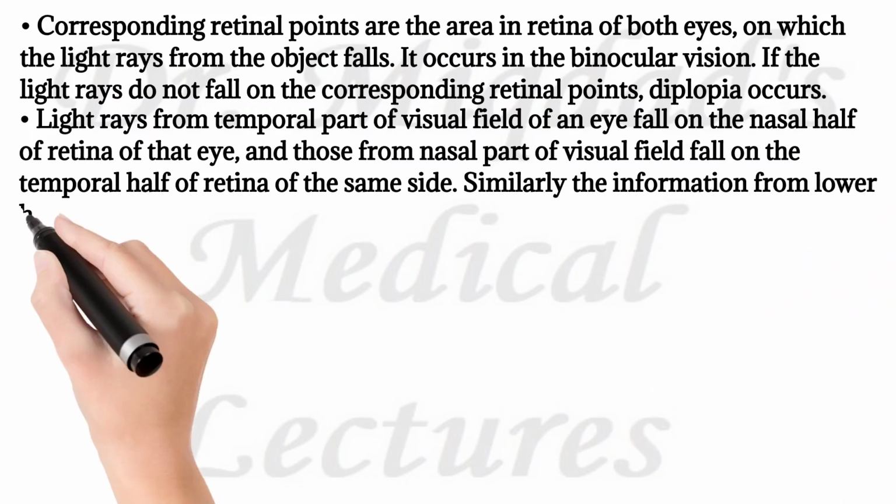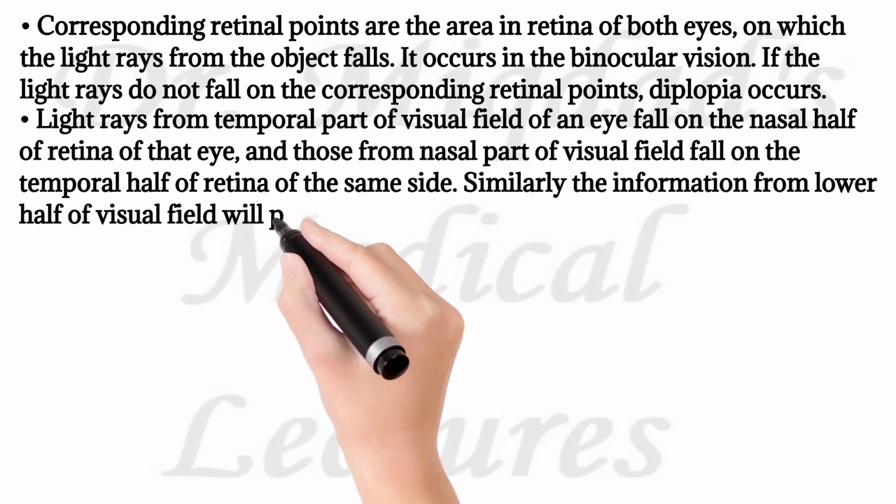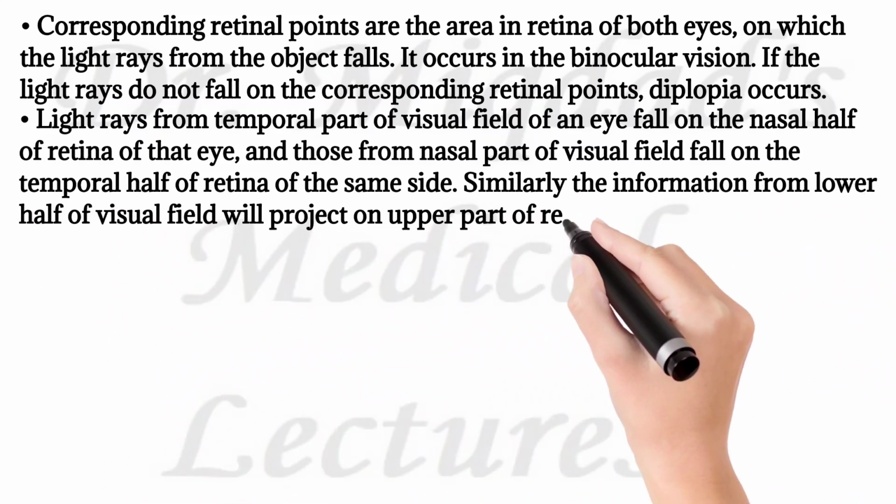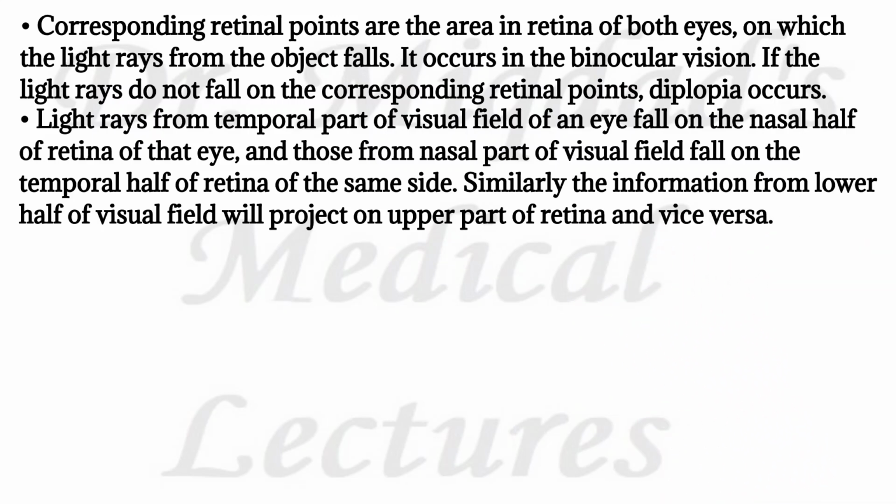Similarly, the information from the lower half of the visual field will project on the upper part of the retina and vice versa. If you all remember, we have already discussed in the previous video that the image which falls on the retina is inverted and reversed with respect to the original object.